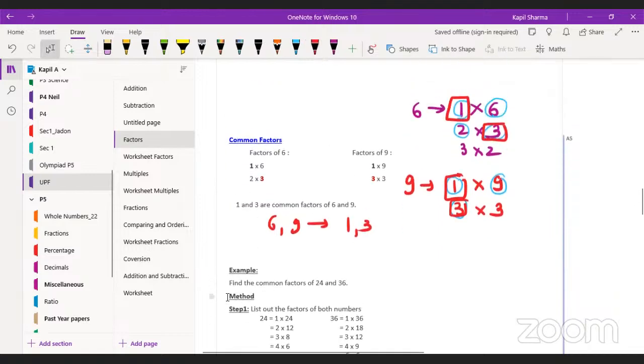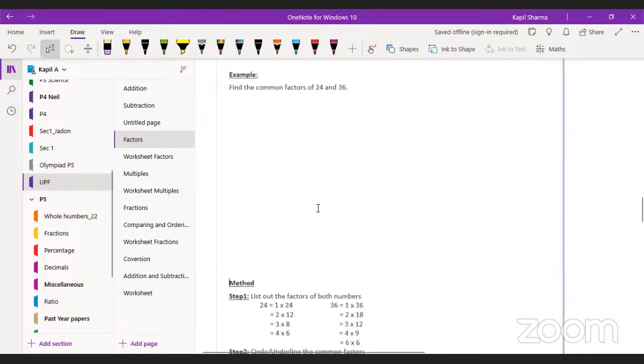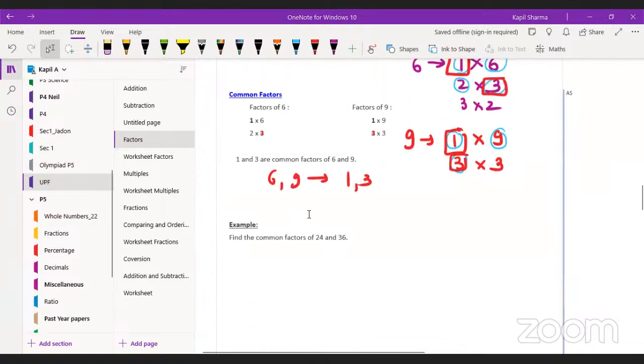So now use a similar method to find the common factors of 24 and 36. Yes, guys, do it. And then identify the common factors. 24 and 36. So let's take all the factors, all the common factors.